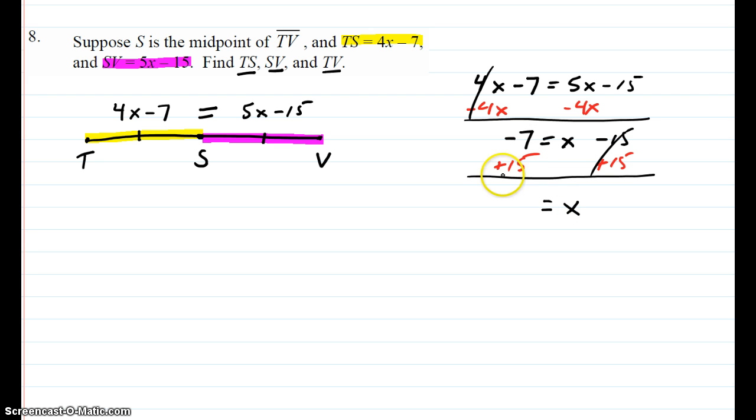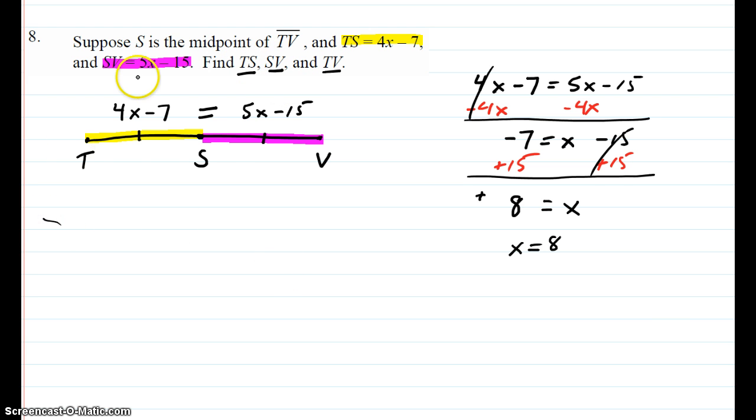On the left-hand side, now I have a positive 15 and a negative 7, so I have more positive, so my answer is going to be positive. And when the signs are different, we subtract, so 15 minus 7 gives me 8. And so my answer is x equals 8. But remember, the question said find TS, SV, and TV.